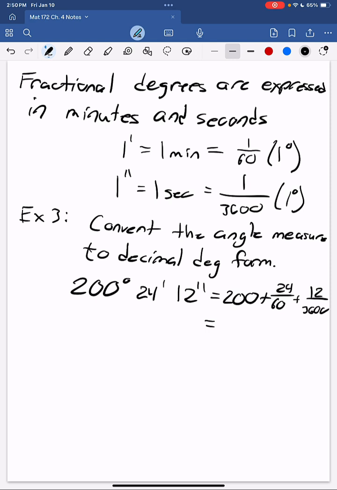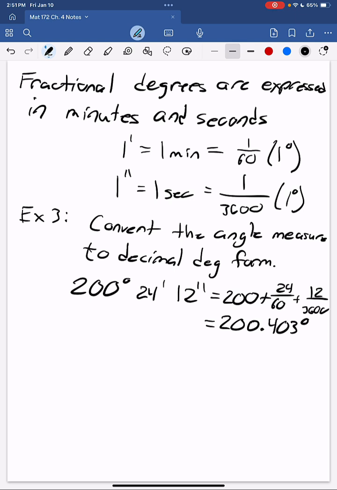Plug it in the calculator, and you get 200.403 degrees.